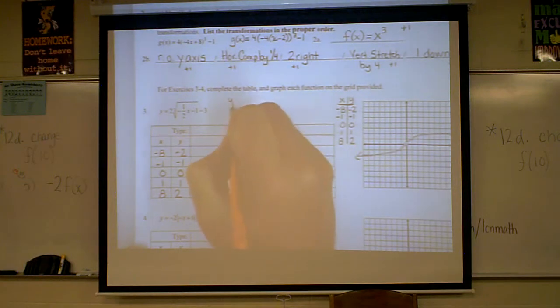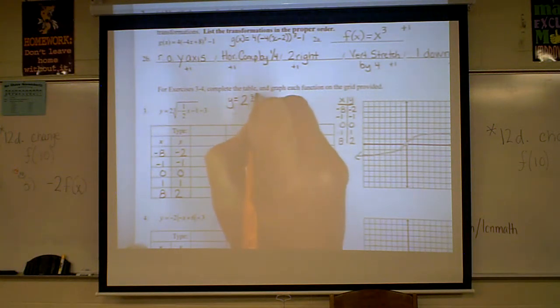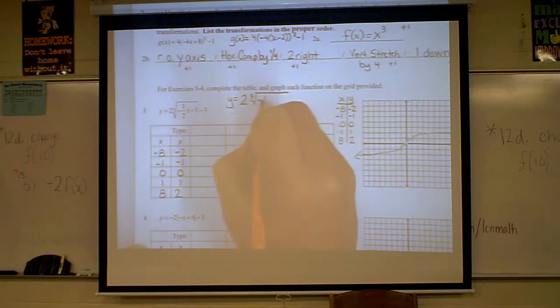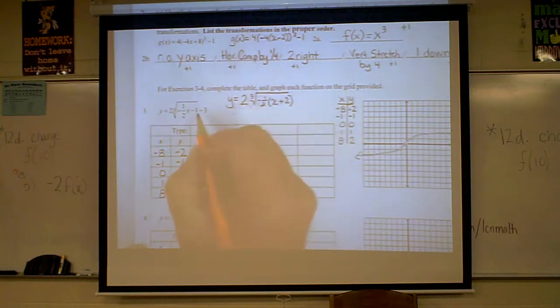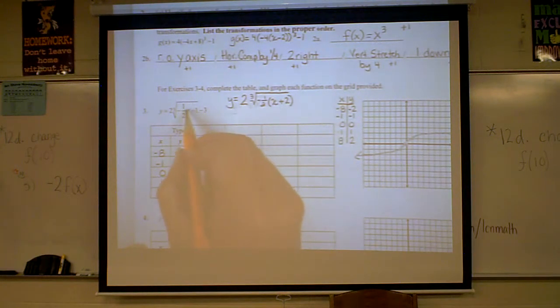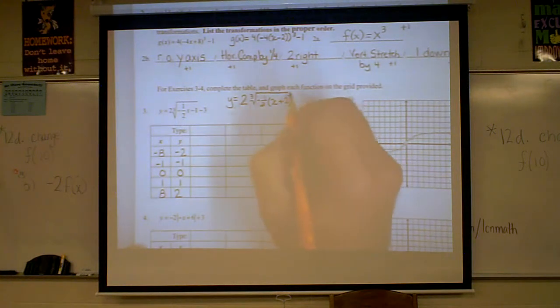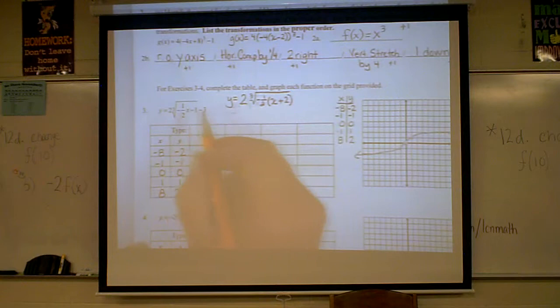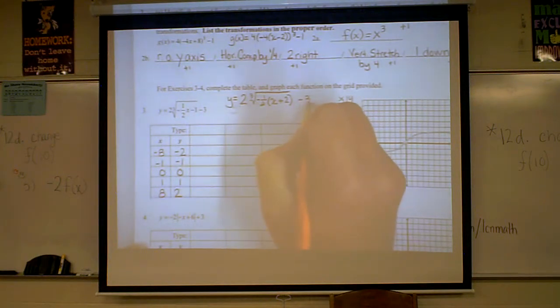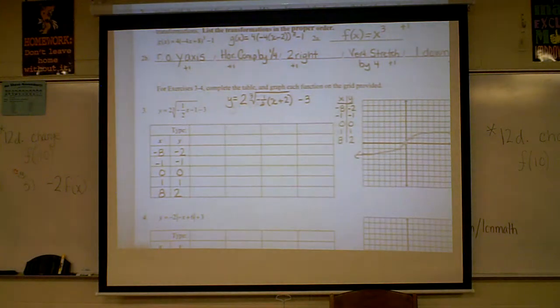So you end up getting y equals 2 times the cube root of -1/2, and then it would be x plus 2. You take 1, it's 1 over 1/2, which is 2. And it's a positive because a negative times a positive, we want that to be a negative. And minus 3. So now we're going to begin the transformations.